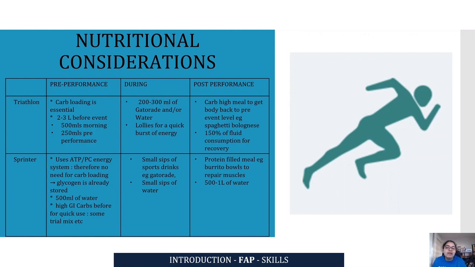We have to be very wise with the time that we're spending on it. So they may not be able to go 200 every time, but that's the desired state, 200 to 300 mil. And they can also drink Gatorade and or water, so they can use both.